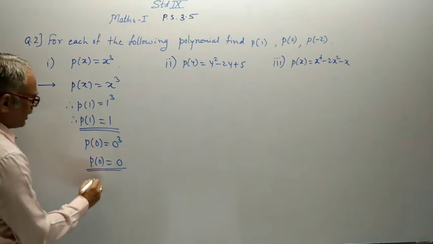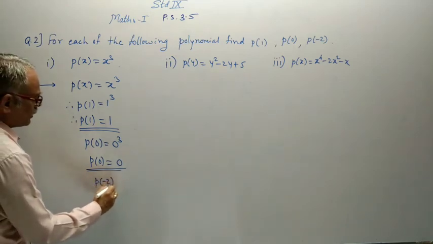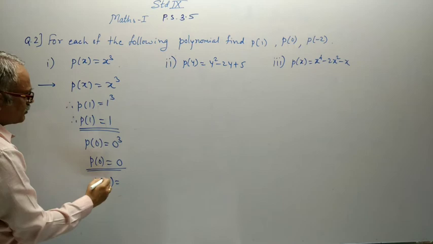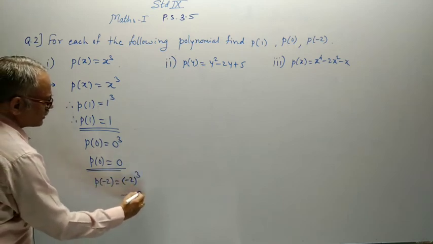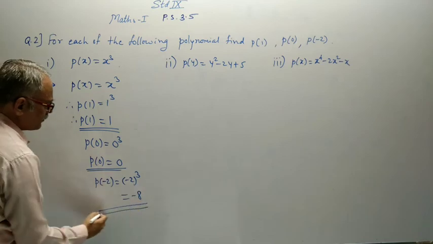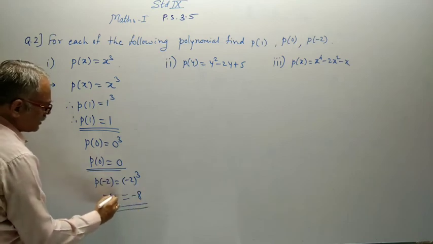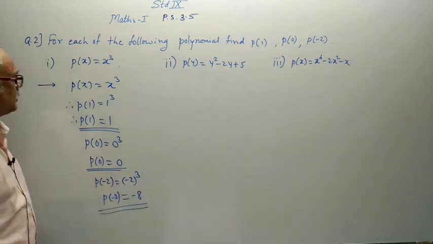And p of minus 2: p of x is x cube, so p of minus 2 is minus 2 cube, and minus 2 cube is minus 8, cube of negative is negative. So these are the 3 answers of the first.